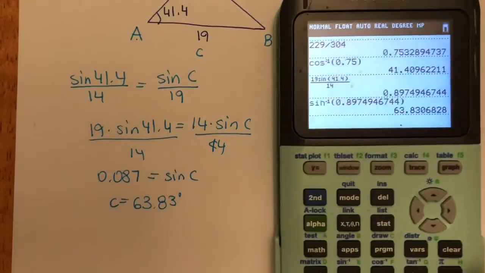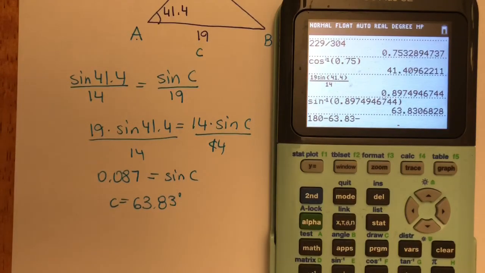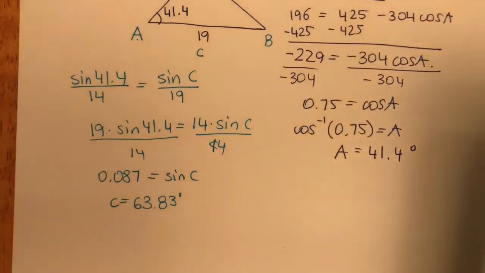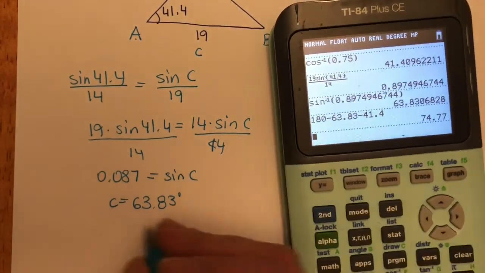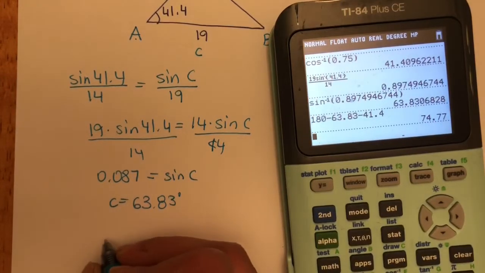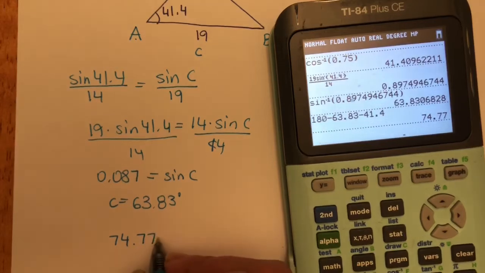Now, a nice thing, I don't need to apply any other laws after. 180 minus 63.83 minus my other angle was 41.4. And that is equivalent to 74.77, and that is for angle B.